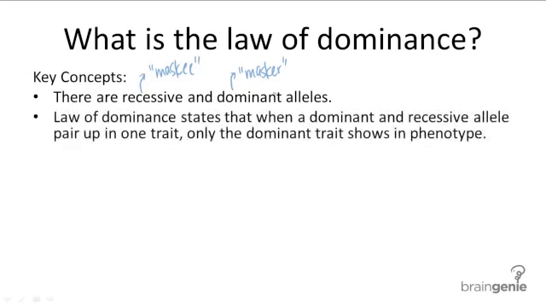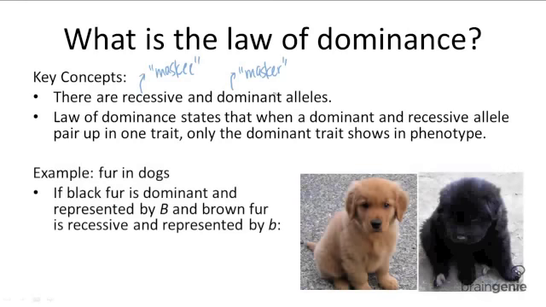When a dominant and recessive allele pair up together in a genotype, only the dominant trait will show in the phenotype. So let's return to our dog, for example. If the black fur allele is represented by a big B and is dominant, and the brown fur allele is represented by a little b and is recessive, you have three possible genotypes.